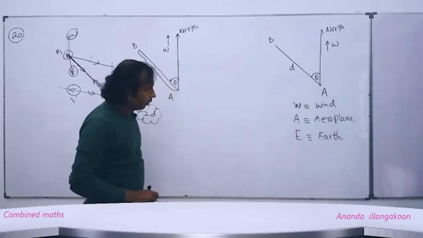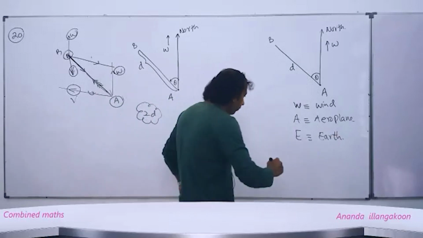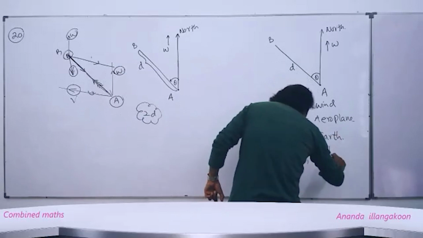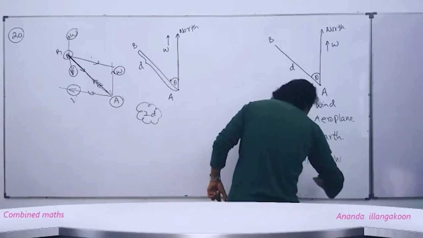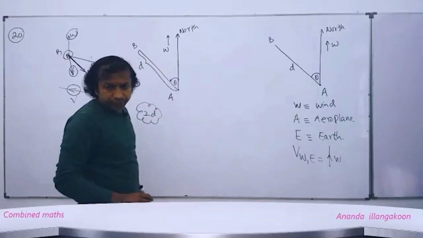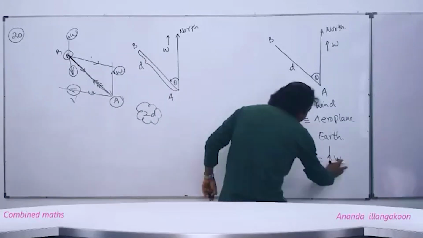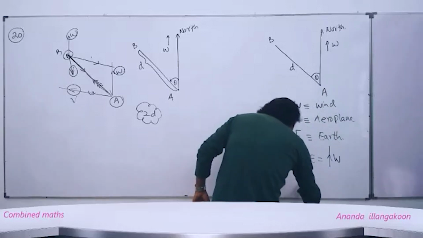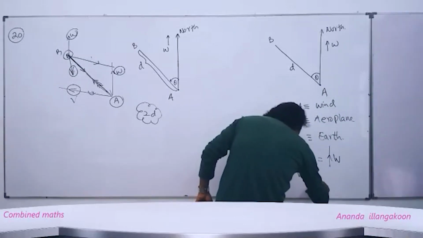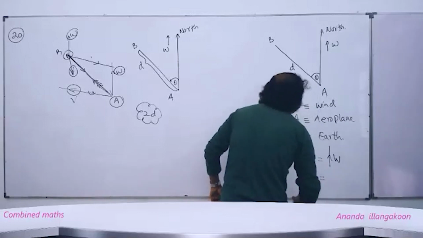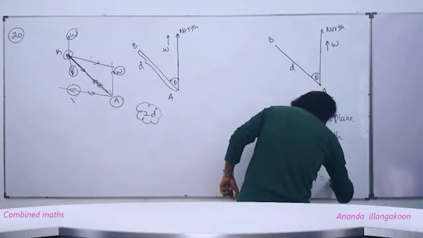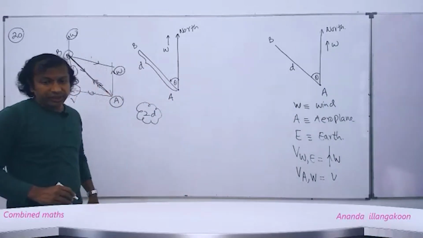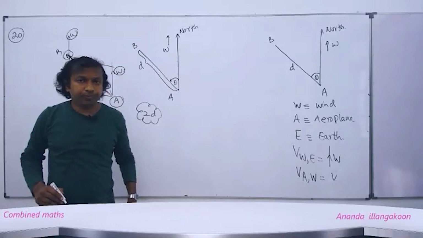Okay. What are the velocities we have, people? Velocity of wind relative to Earth, u naught, with W. Velocity of aeroplane relative to wind, given in the question as V. Its direction is not definite, people.